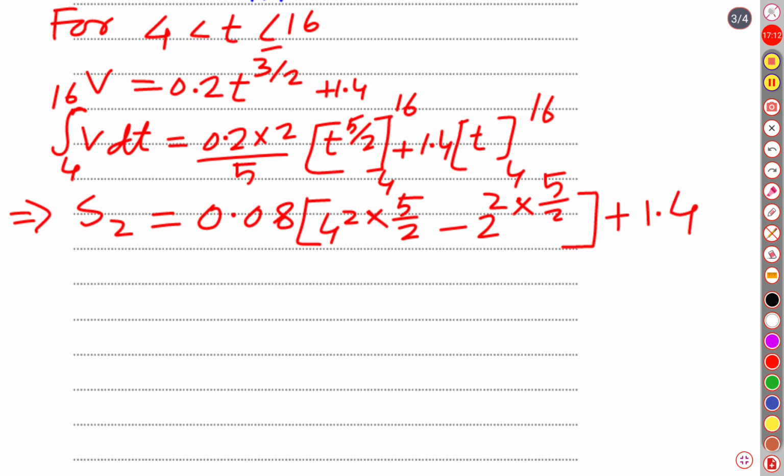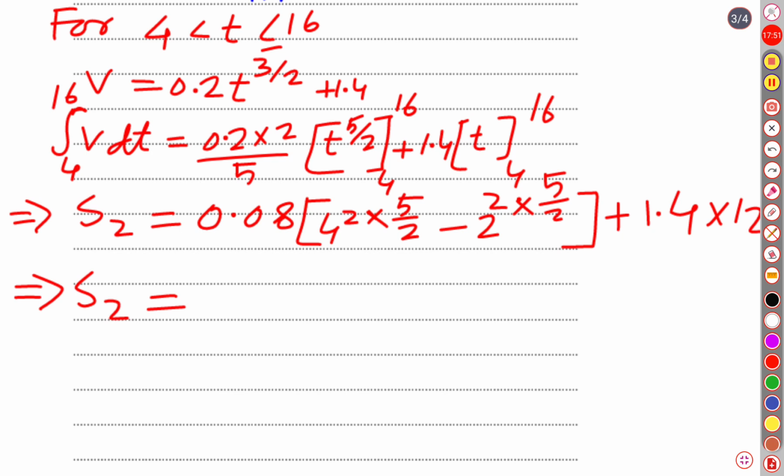If we subtract 4 from 16, it is just 12. Hence our displacement in the second phase is, the 2 will be dissolved, so 4 raised to 5 minus 2 raised to 5, which means 32.